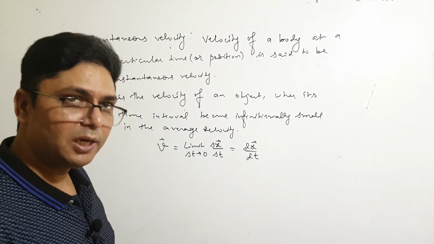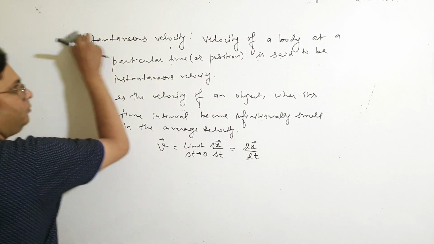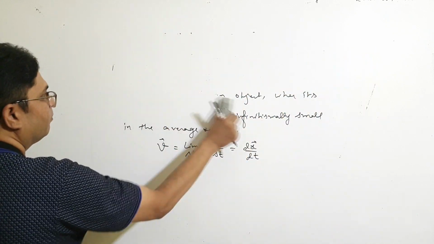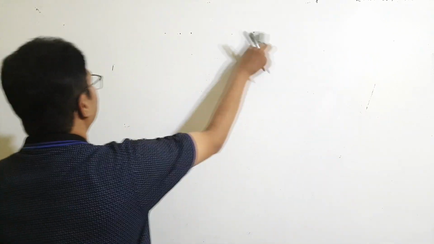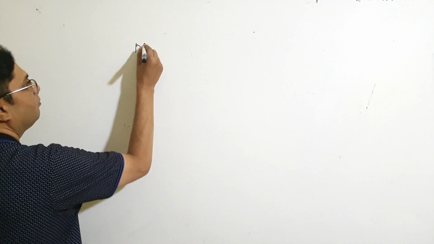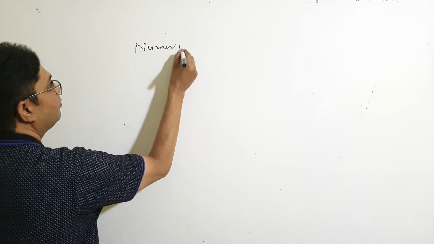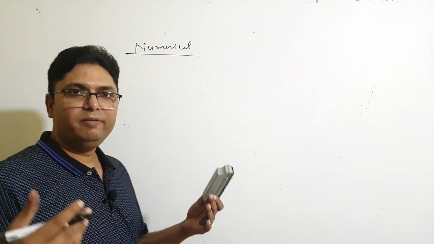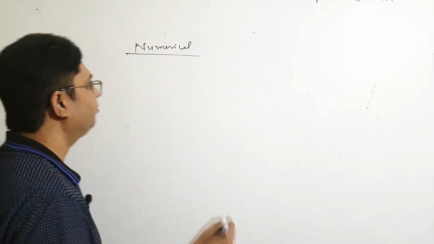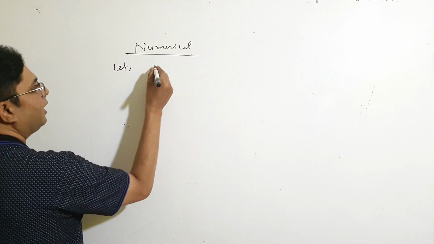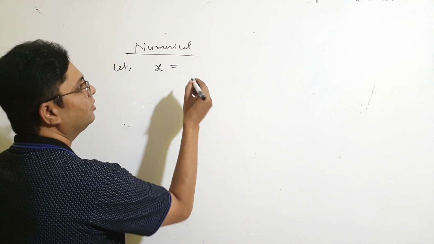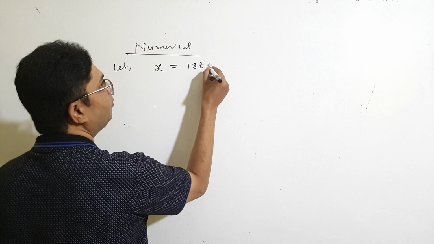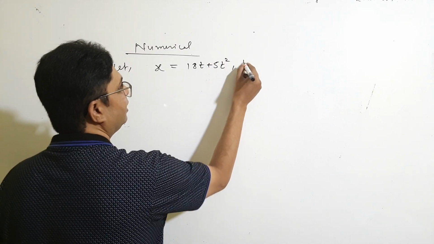Now let us have a numerical based on this. Let us have displacement as a function of time. Let x, displacement as a function of time, be 18t plus 5t square.